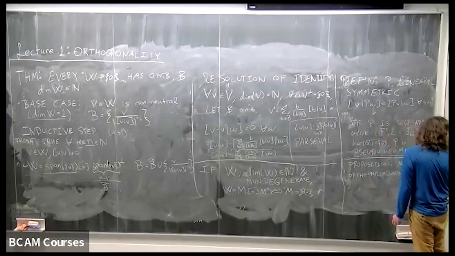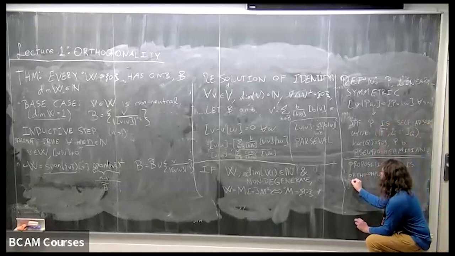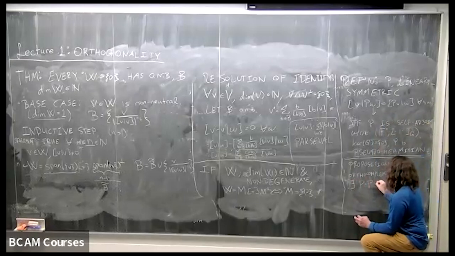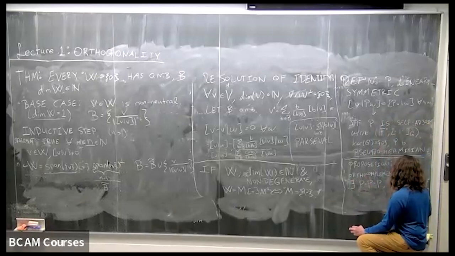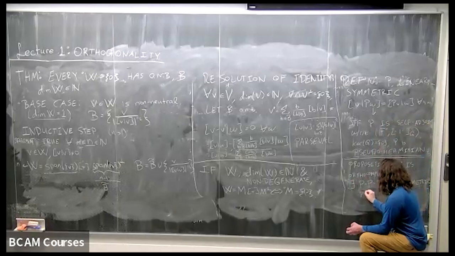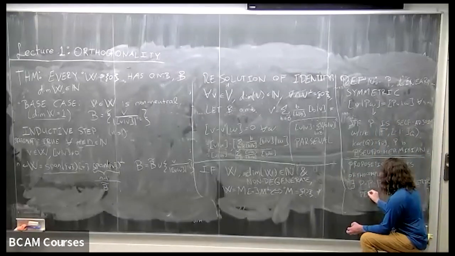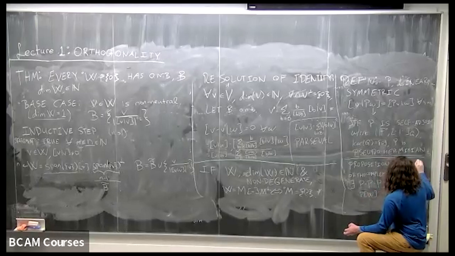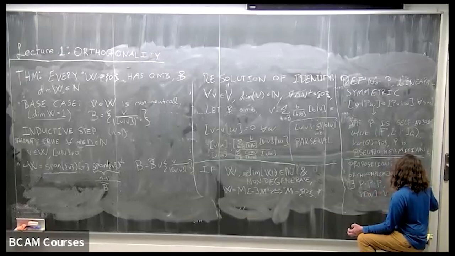A space M is orthocomplemented if and only if there exists a projection E, which is a map that's idempotent, E is symmetric, and the last one is that the image of this projection is M, with the requirement that W is non-degenerate.